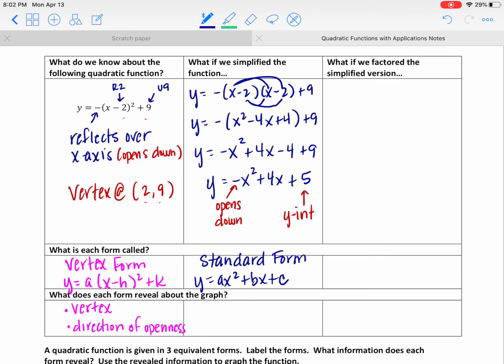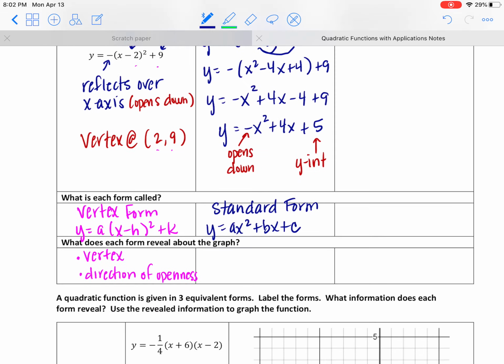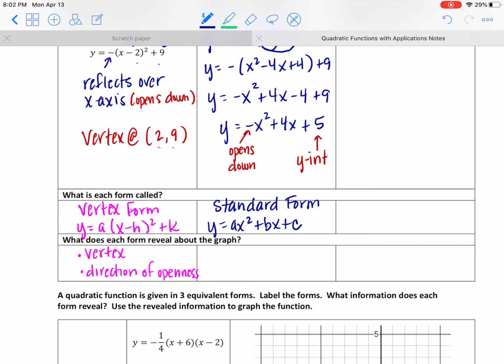But just by looking at this standard form, I know that my parabola is going to open down, and I know where it's going to cross the y-axis. So this one tells me the direction of openness, and it also tells me the y-intercept, which is going to be at c.